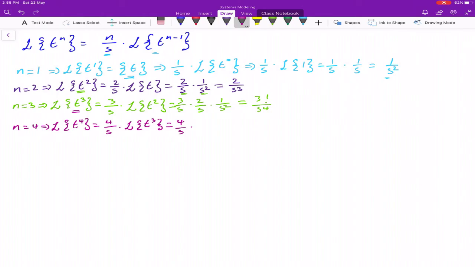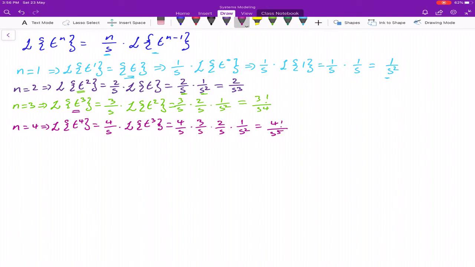If you want to be very fast, you can just say times 3 factorial over s to the fourth, but I want to write everything down so that you can see the pattern. So this is 3 over s times 2 over s times 1 over s squared, which is 4 factorial over s to the fifth. As you can see, this is just a pattern.